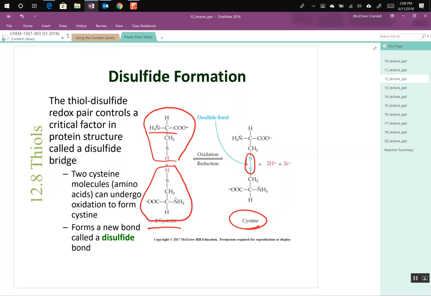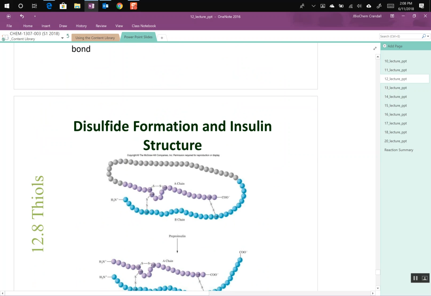It holds them in place so that they don't fall apart so easily, and they'll retain their structure better that way. So here's an example of, let's say, a protein chain, which is a peptide chain. And so each of those circles represents a different amino acid. And so you're building this peptide.